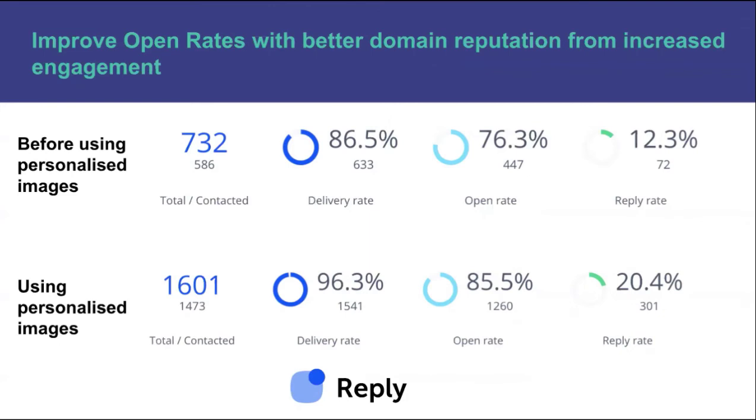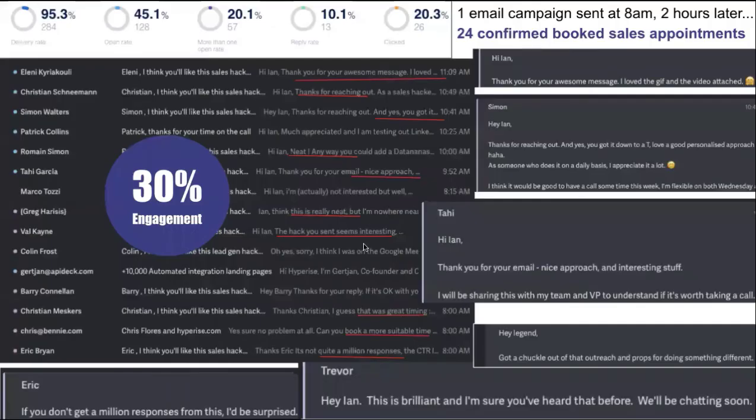And after using personalized images, we've got a reply rate of 20.4%. That's nearly doubled the reply rate there, just by making that small change of using the personalized images. That's how powerful it can be. And also the open rate has gone up by 10% as well by using this technique. So we're seeing better open rates and better reply rates. And that's just one example of how powerful the software can be to improve your funnels.